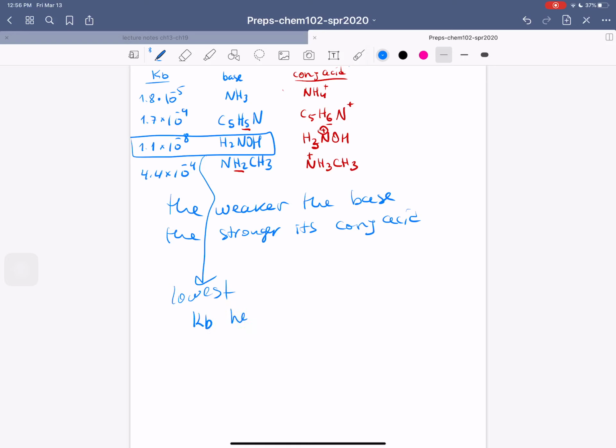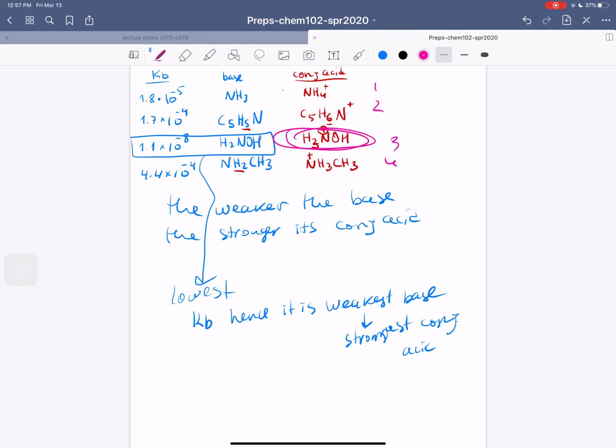Hence it is the weakest base, and it will give us the strongest conjugate acid. So out of the four acids, the third one will be the strongest. This is the strongest conjugate acid.